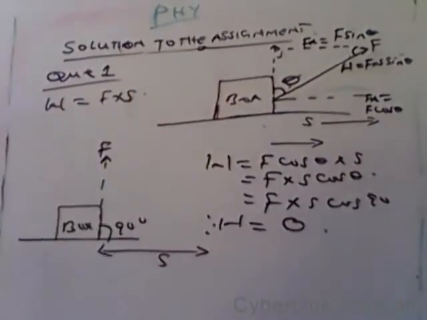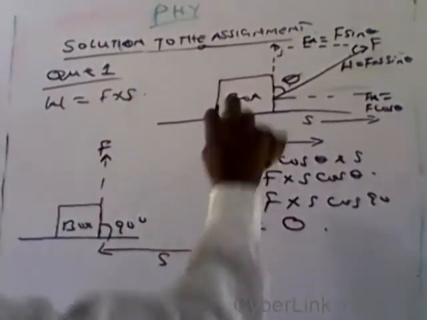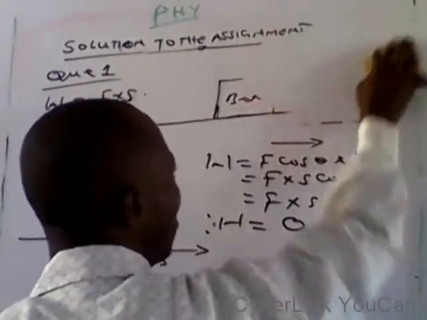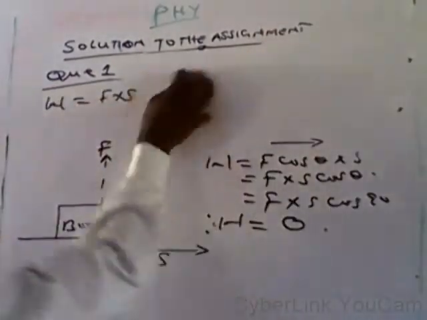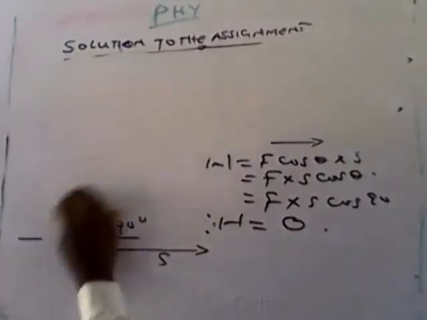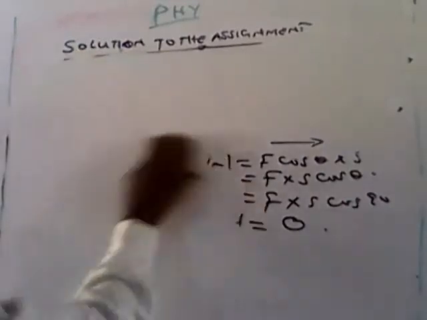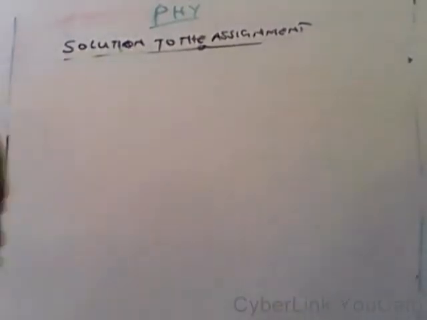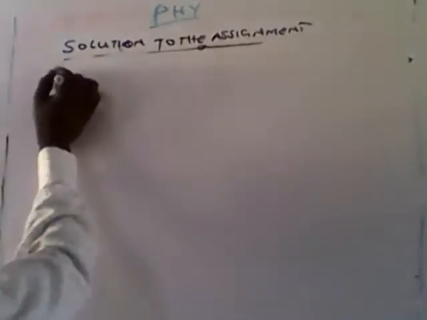Now, this question is under the density and relative density of a body. So don't forget, the relative density of a body is the ratio of the density of the body to the density of an equal volume of water. So let's see what we are given in that question.